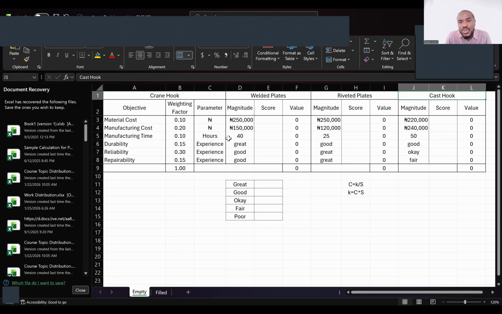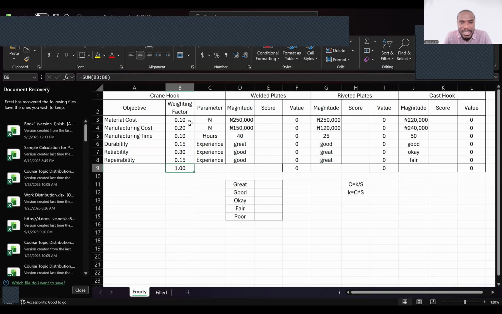So as the designer, you know which of these objectives is most important to you. You will assign what we call a weighting factor relative to one another, and all your assignments should add up to one.